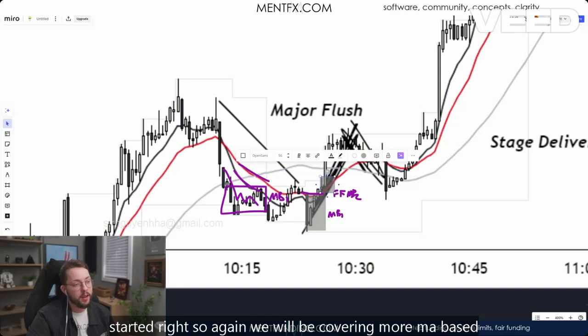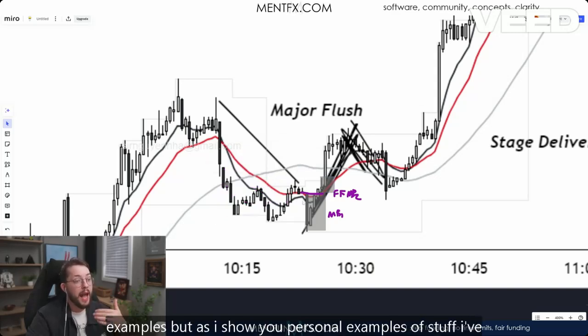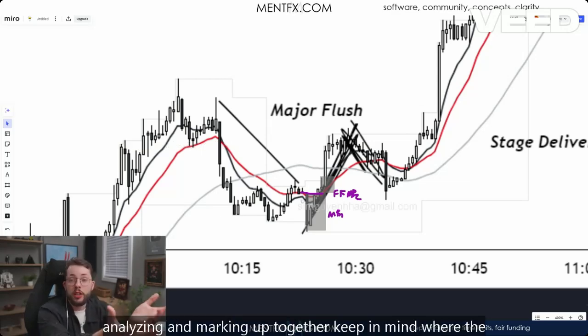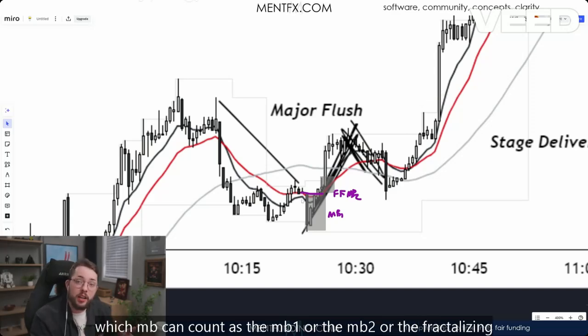So again, we will be covering more MA-based material, of course, and we're going to do it with pure examples. As I show you personal examples of stuff I've traded, of stuff I'm looking at, of stuff we're literally analyzing and marking up together, keep in mind where the averages are and how I'm using them to decide which MB can count as the MB1 or the MB2 or the fractalized MB.